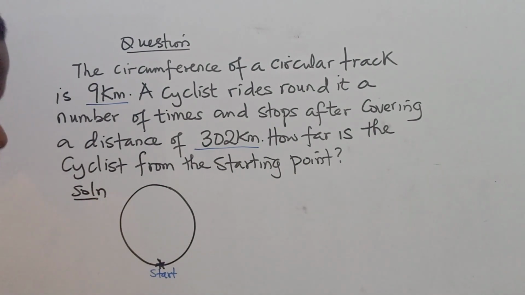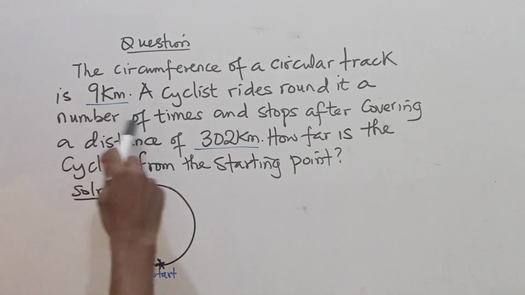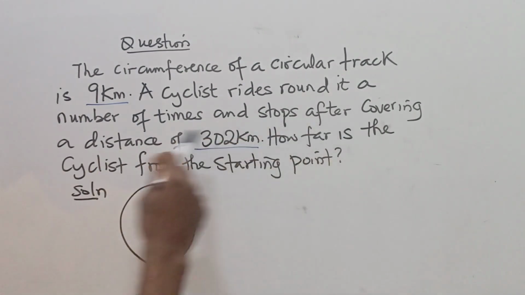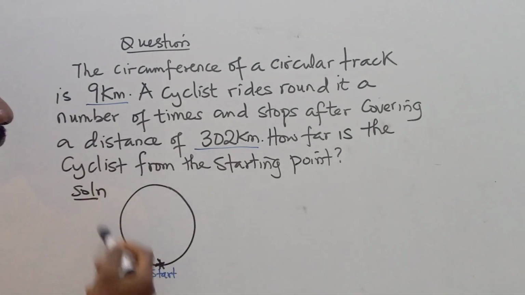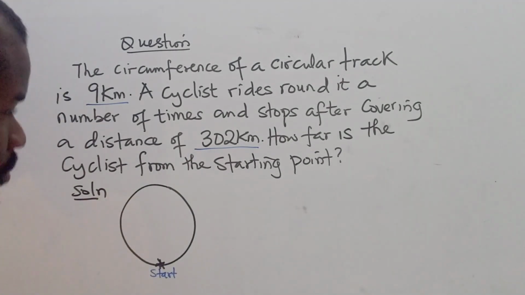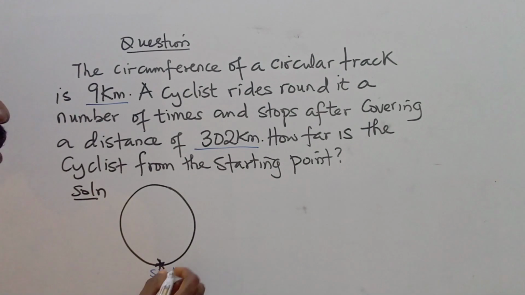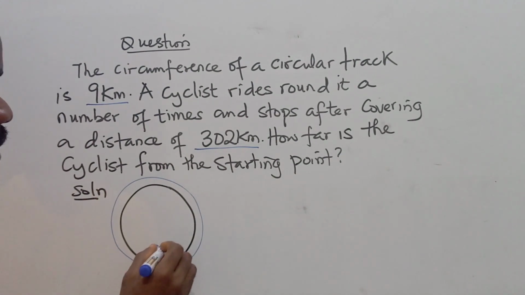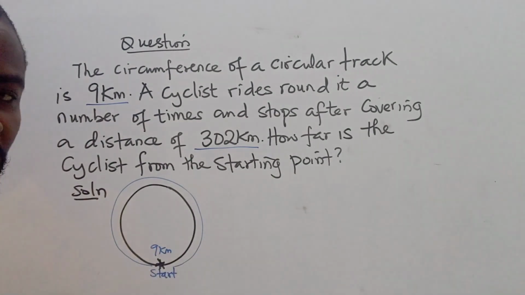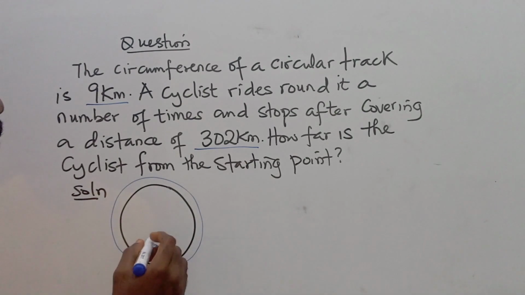Okay. So he has been able to go round a number of times and stops after covering the distance. Now the idea is the whole of the cycle is 9 kilometers. So from this point, if we go round the cycle once, it is 9 kilometers. If we go twice, it is 18 kilometers.